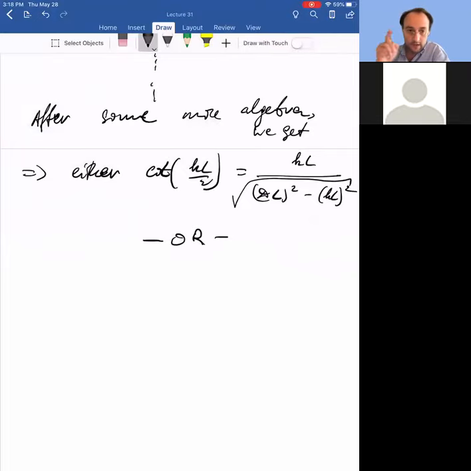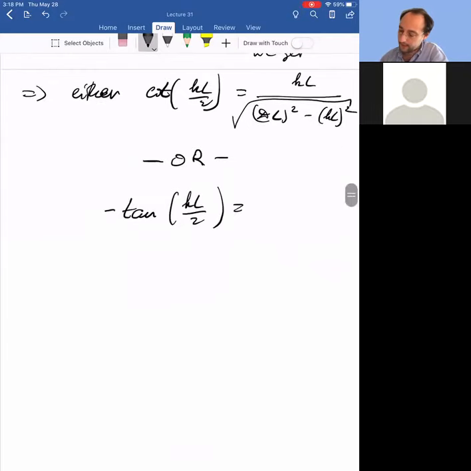Cotangent. I'm doing very well today. I'm catching my mistakes. KL over 2 equals KL times DL quantity squared minus KL squared taken square root.